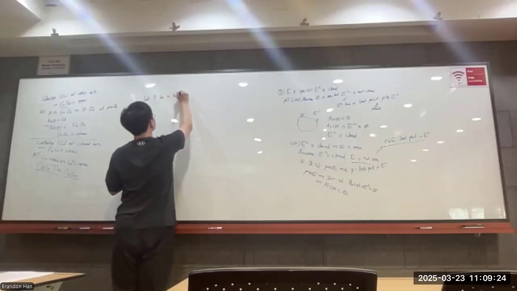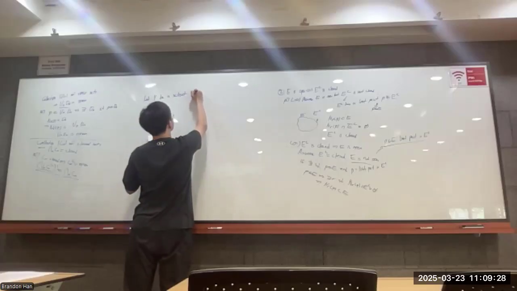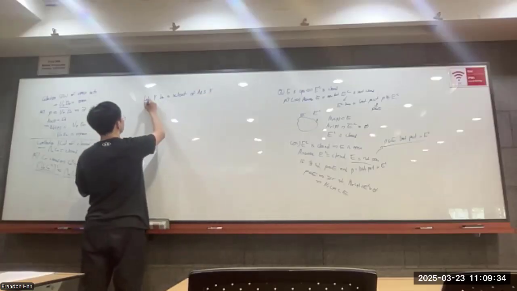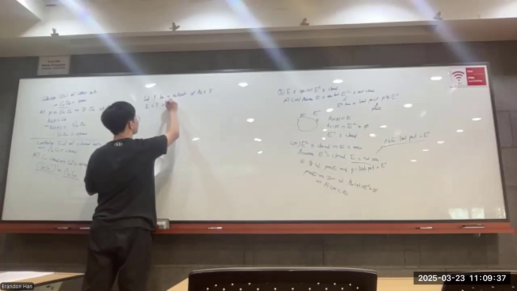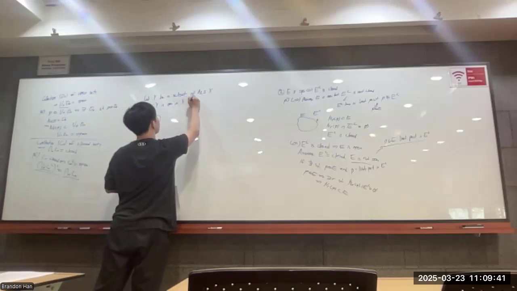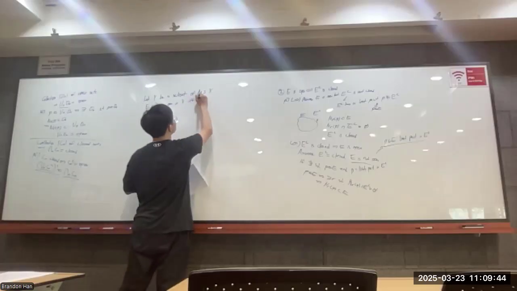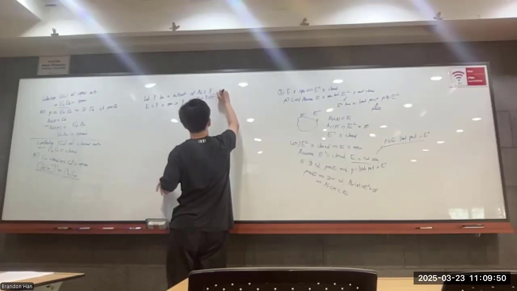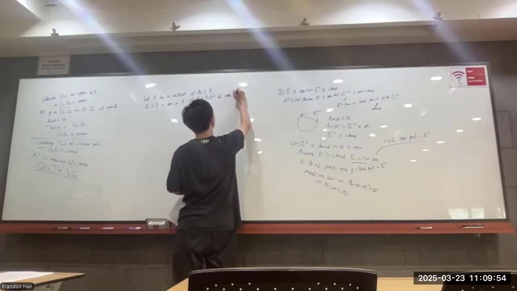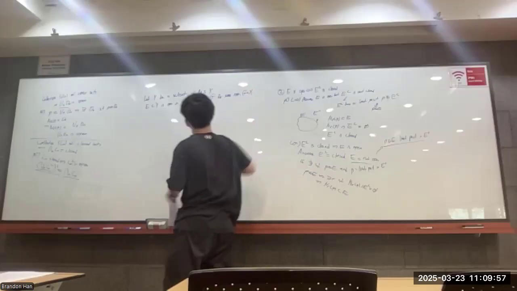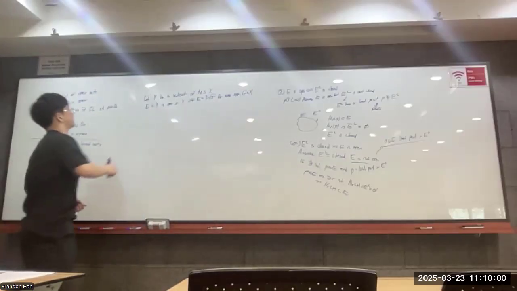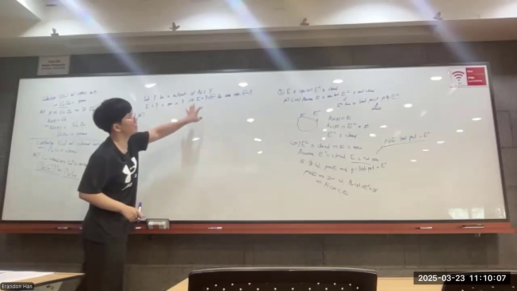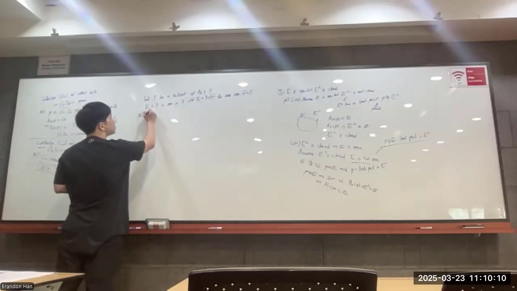A subset E of a metric space Y is open in Y if and only if E can be written as the intersection of Y and G for some open set G in X. To prove this, since this is an if and only if proof, you have to divide the proof into 2 steps. We'll prove this direction first.